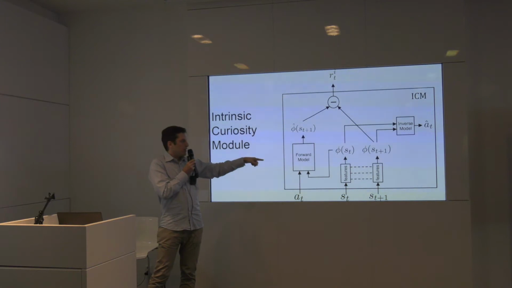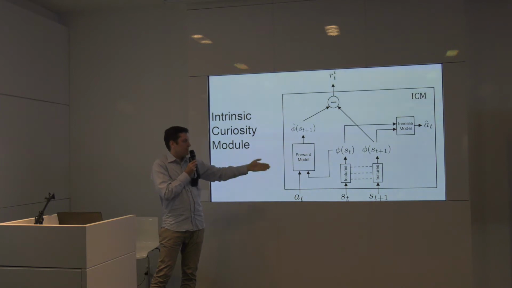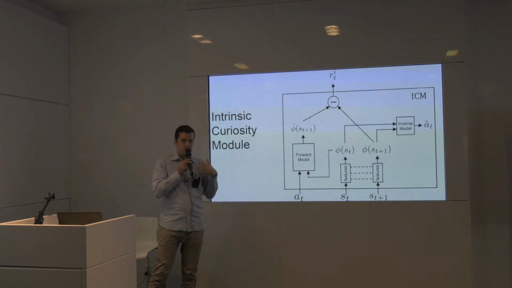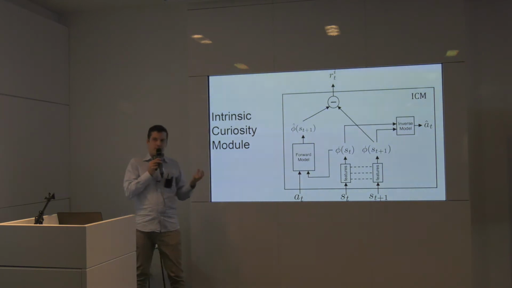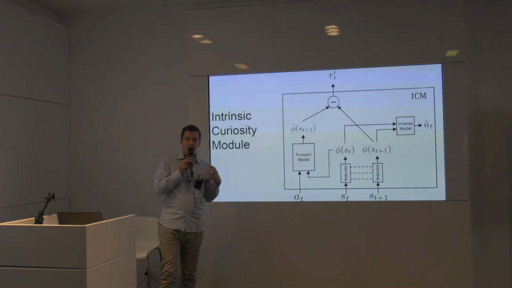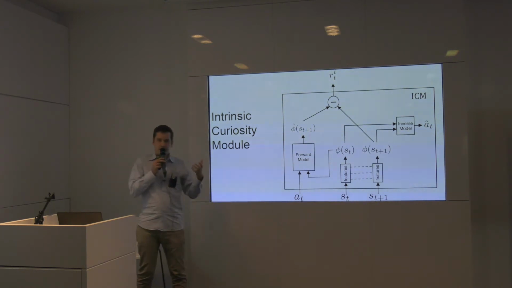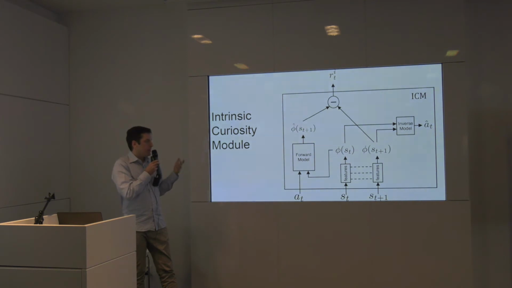caused that. Okay, we have two encodings, one state and the second state, and the inverse model tries to predict an action which changed the environment from one state to the other. So if we are able to predict the action I caused and the change in the environment, then it's a desirable action.